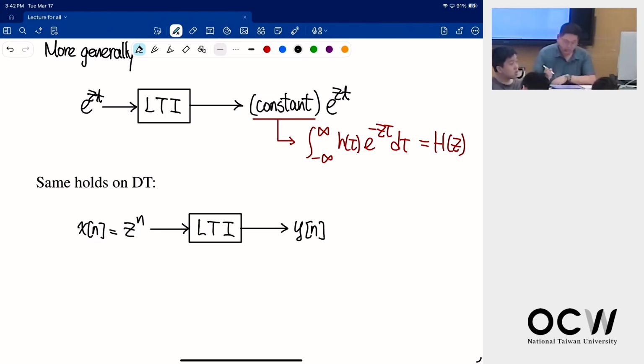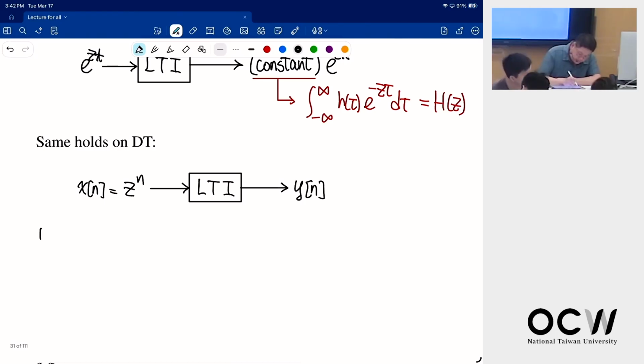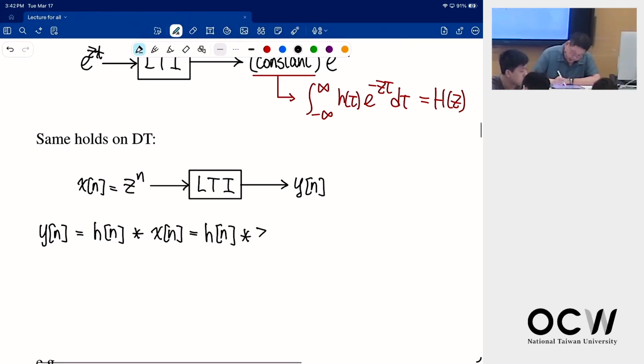Then have an output. Since it is an LTI system, the output is the system convolved with your input. So that's the system convolved with z to the n.